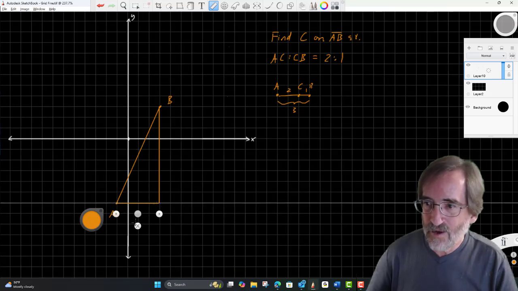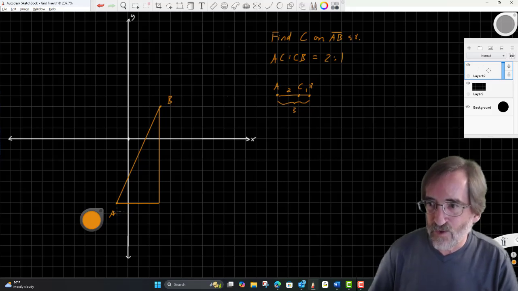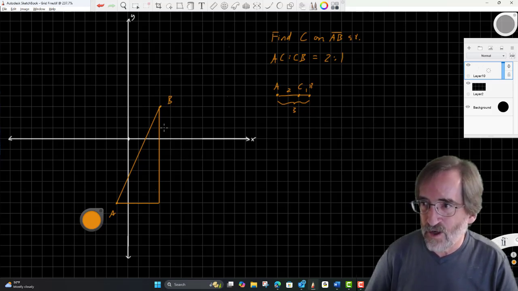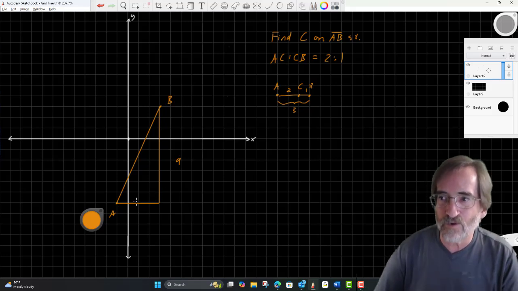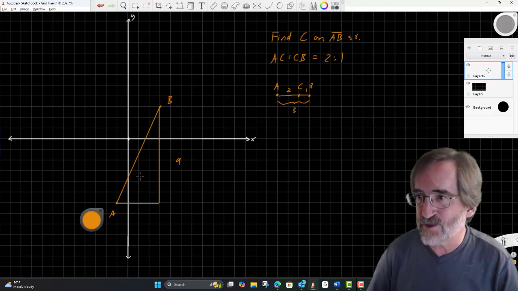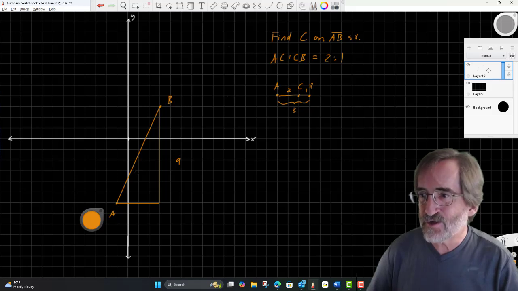Okay. So let's count off the length here. 1, 2, 4, 6, 8, 9. So this is 9. And you can go the vertical or the horizontal either way and figure this out a little bit. This one's not going to turn out very nice because I didn't make sure they were both divisible by 3. But it'll still work.